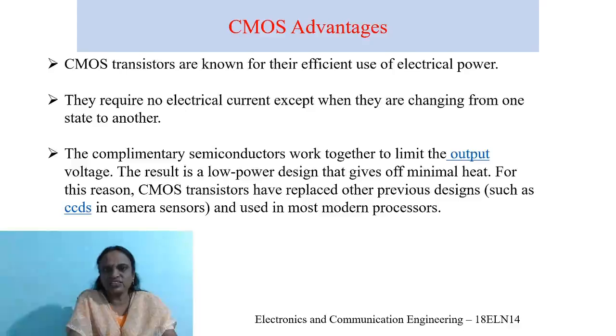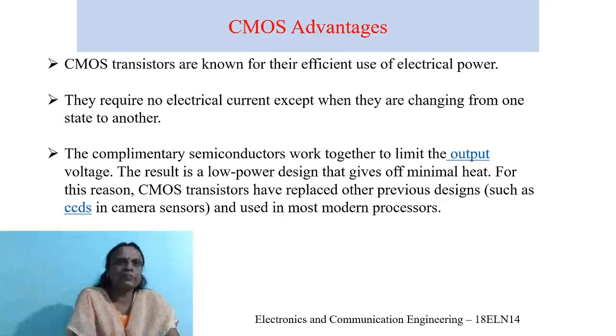In the advantages of the CMOS, first of all, CMOS, complementary metal oxide semiconductor transistors, are known for their efficient use of electrical power. They require no electrical current except when they are changing from one state to another.